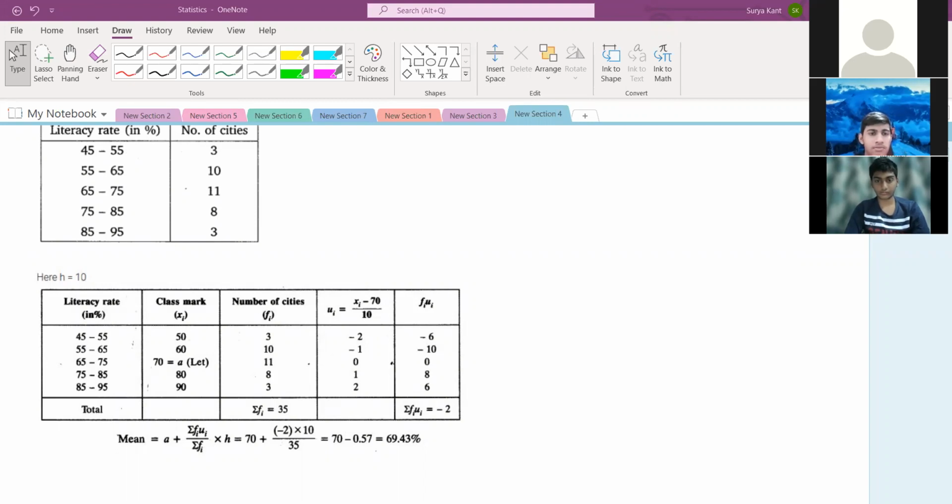One minute. You know how to find the missing frequency, all of you, right? Yes. If two frequencies are not known, at that time how to do?